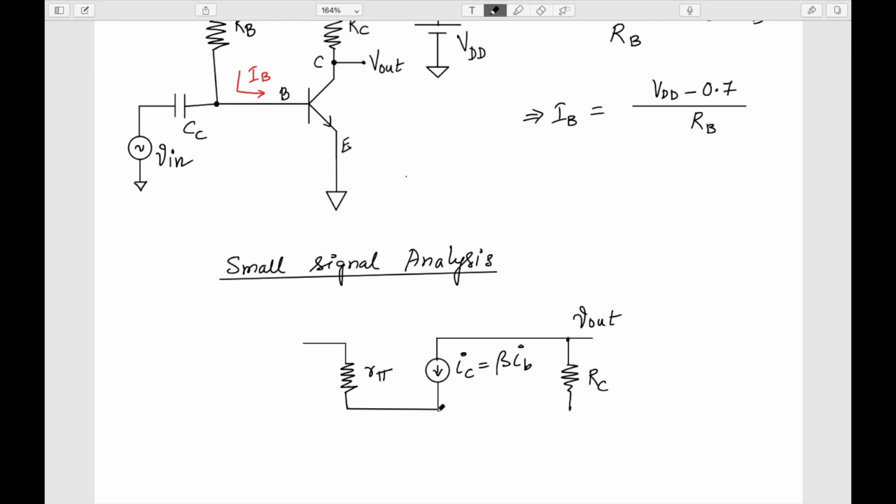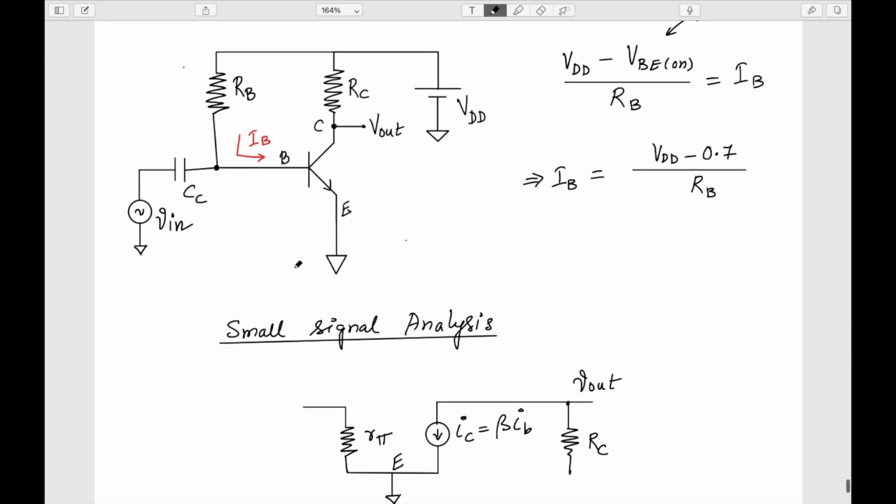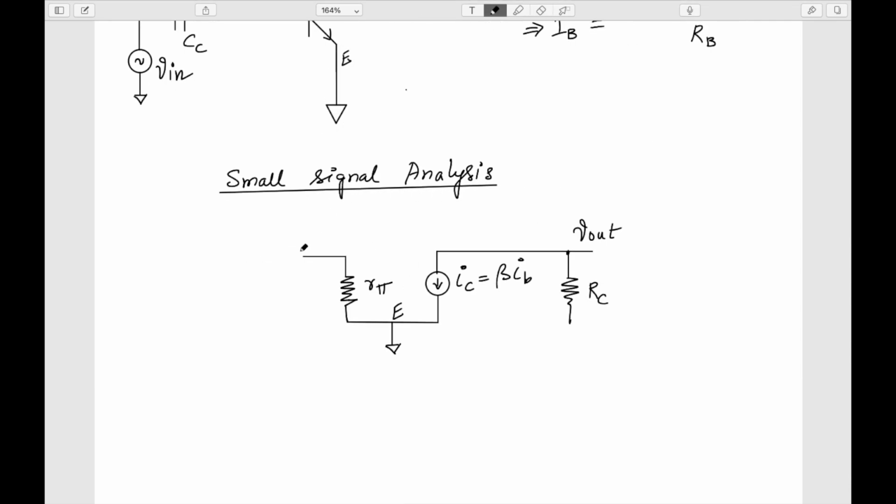Again in this case also the emitter is grounded. Now this RB is connected to the base and the other end is definitely grounded, because it's connected to VDD, which AC wise is ground. Of course I am applying this input signal V in at the base.